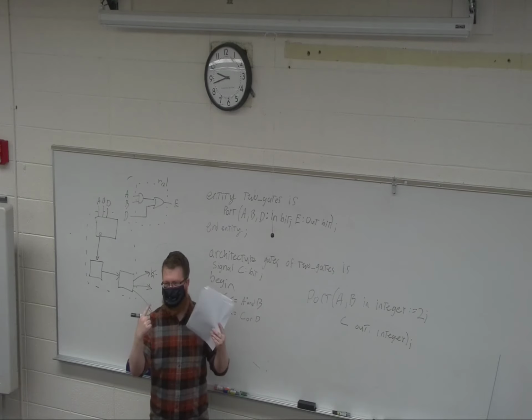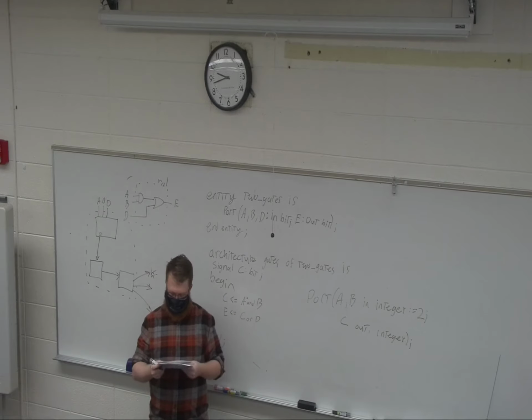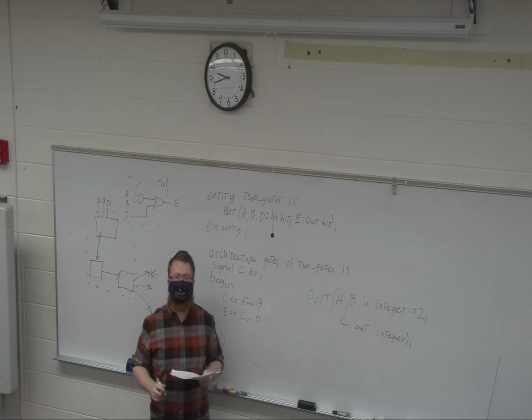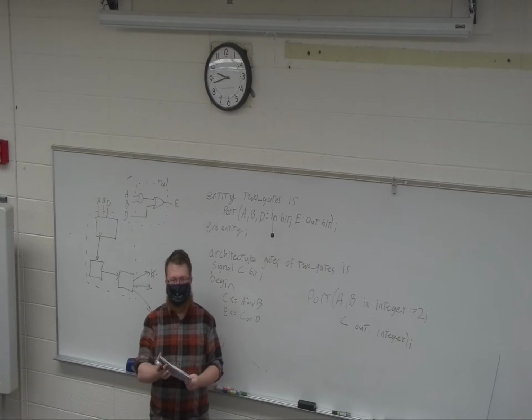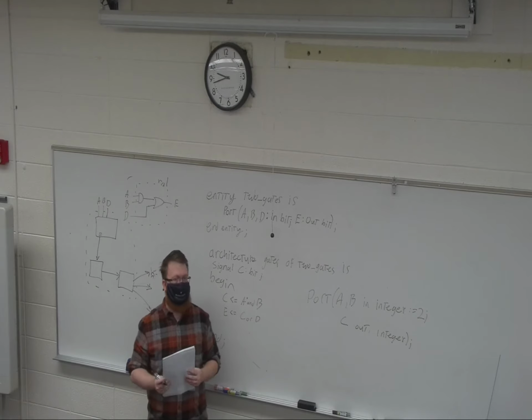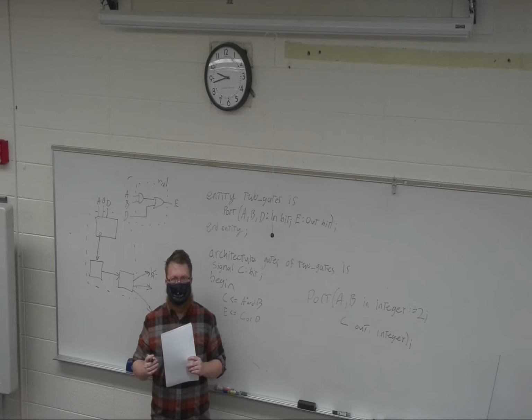Sorry, I can't really hear you if you're asking a question. Okay. So I have a question. I can't remember in VHDL. Say that A is an 8-bit binary number, and B is a 4-bit binary number. Can it perform basic mathematics like addition by taking the lowest 4 bits of the 8-bit number and adding it with the other 4-bit number, or does it not do that in VHDL?